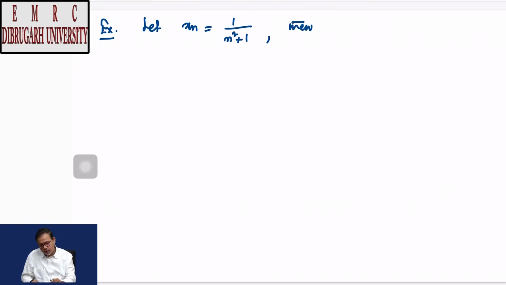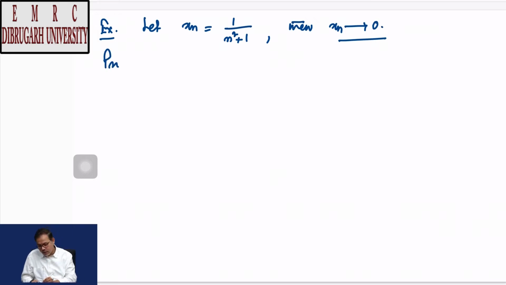To let you have a grip on the convergence of the sequence, we will now discuss more examples. The first example is the following. Let xn be 1 by n square plus 1. Then xn converges to 0.